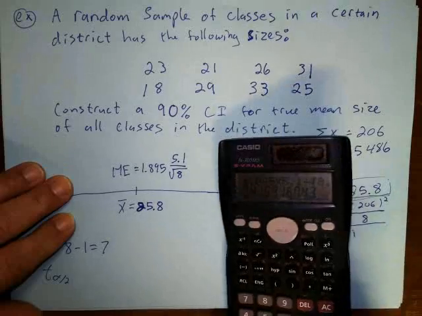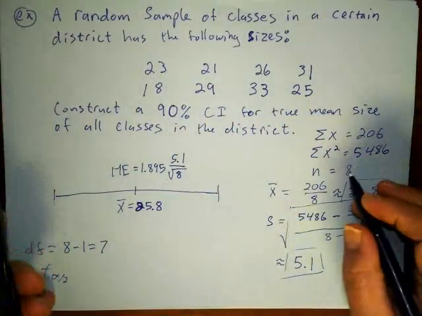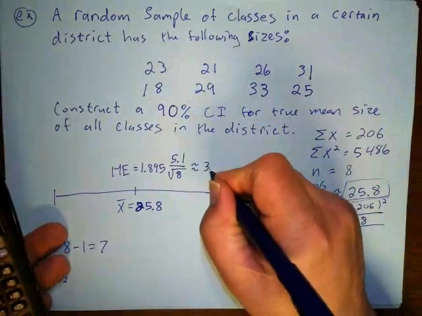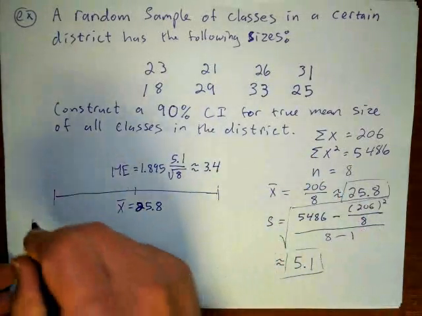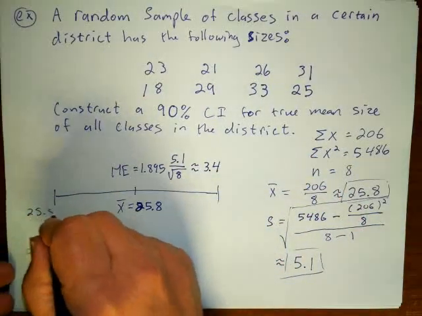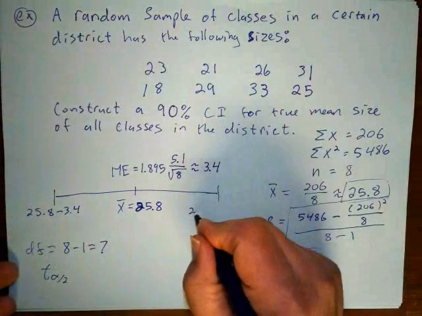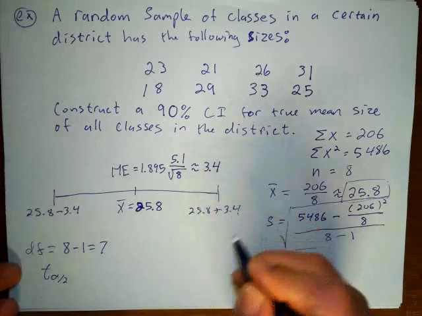That gives me my margin of error. Now I'm going to round that to the same number of decimal places as the mean and standard deviation, so I round that to the tenths place. And I get 3.4. So this is going to be 25.8 minus 3.4, and this will be 25.8 plus 3.4.